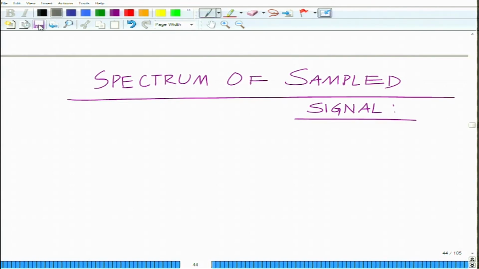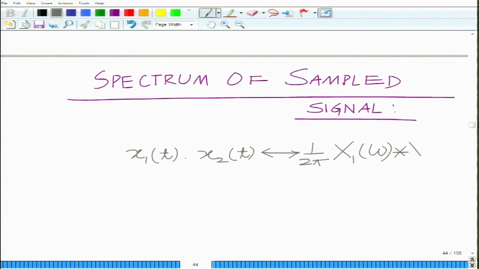The spectrum of the sampled signal can be derived as follows. Recall the property: x1(t) multiplied by x2(t) has the corresponding Fourier transform 1 over 2 pi, X1(omega) convolved with X2(omega).